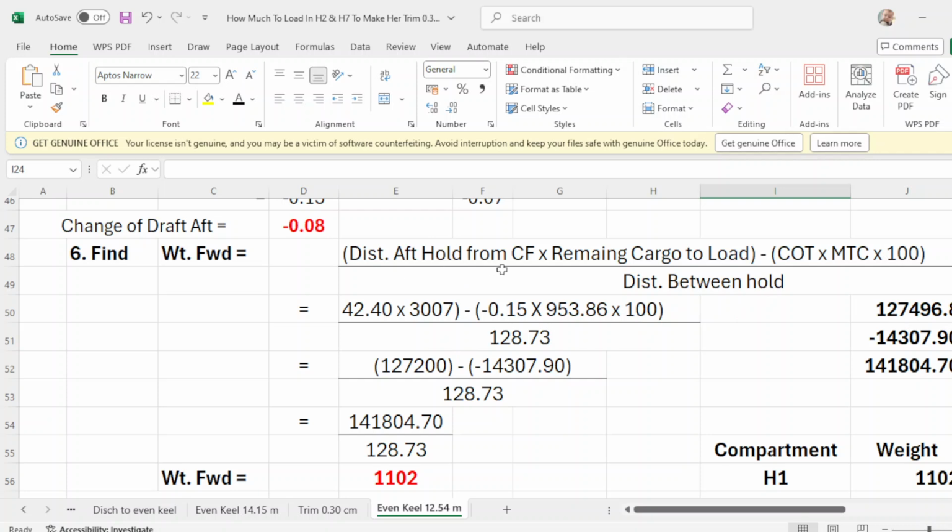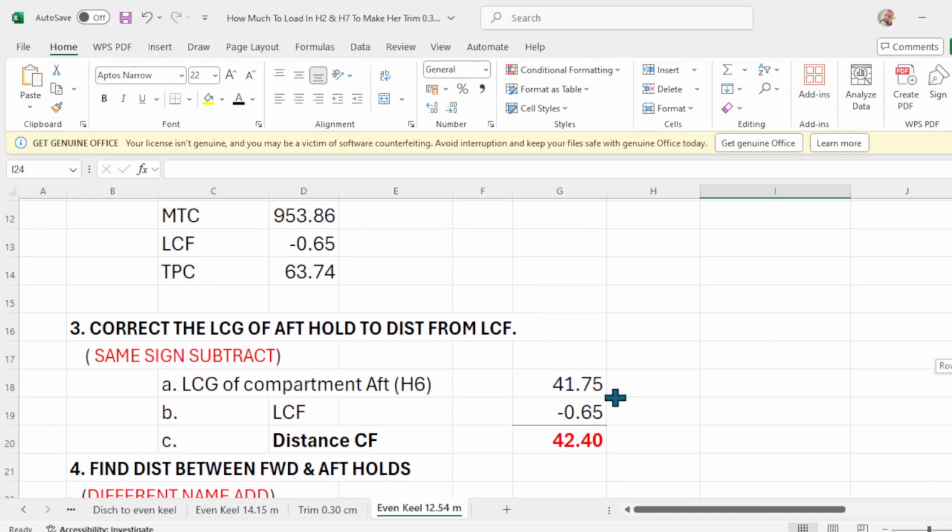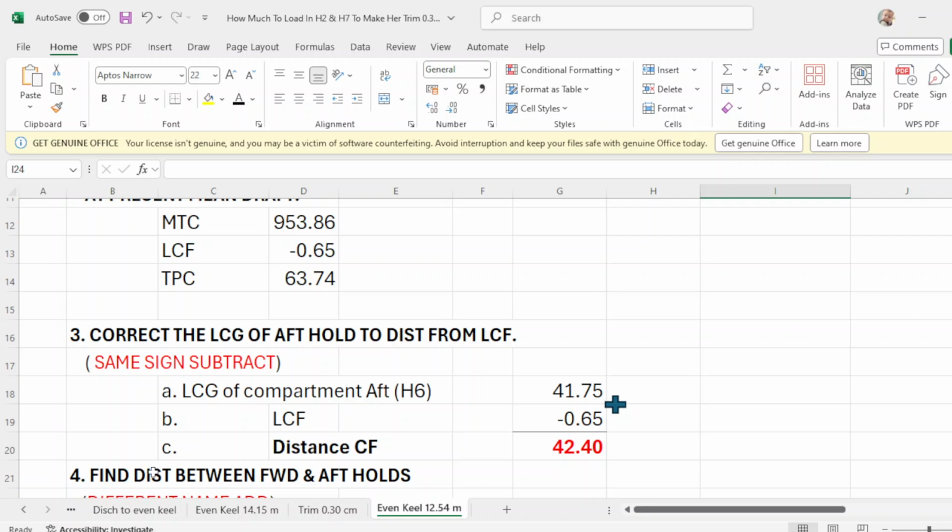Distance of up hold from center rotation. That will be this one. Distance, corrected LCG of up hold to distance from LCF, which is 42.40.